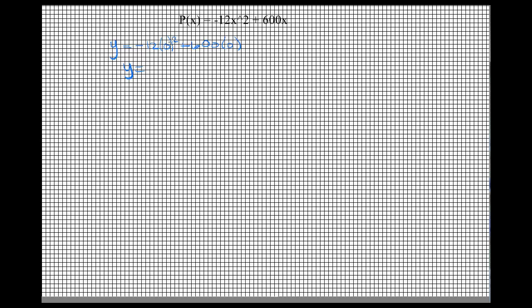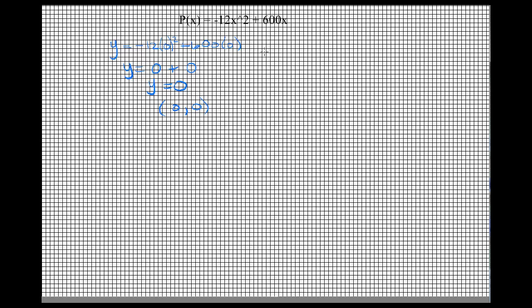So 0 times 0 is 0, and 0 times minus 12 is 0. And 600 times 0 is 0, so y is 0. So our y-intercept is 0.